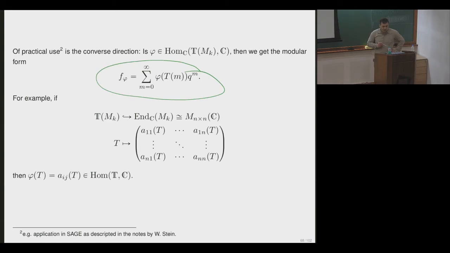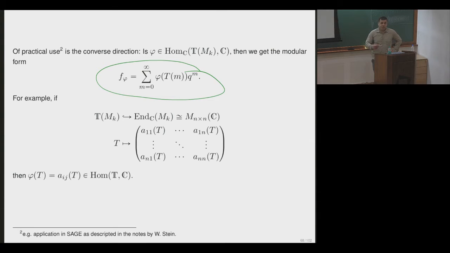And so if you want to do experiments, then you can, for example, use Sage or Pari, and they give you modular forms. In order to efficiently calculate them, they use the action of Hecke operators on the so-called modular symbols. And this can be programmed very efficiently.